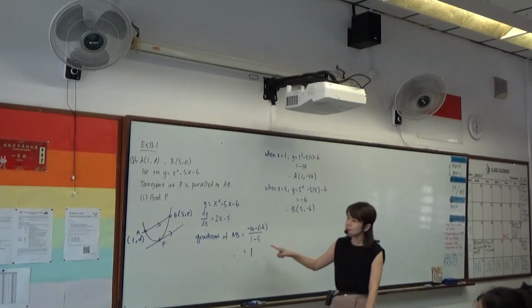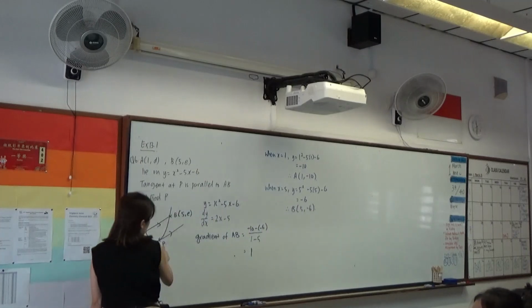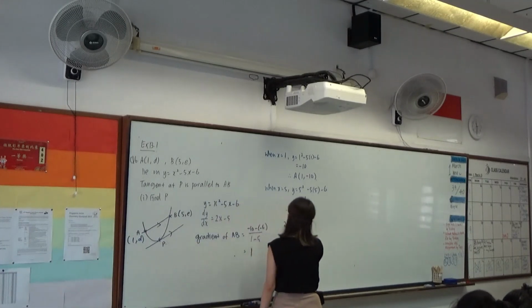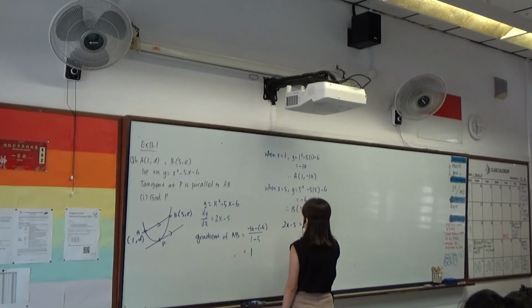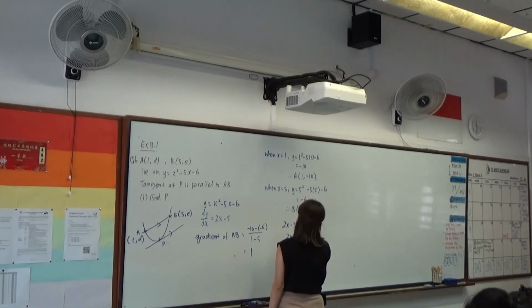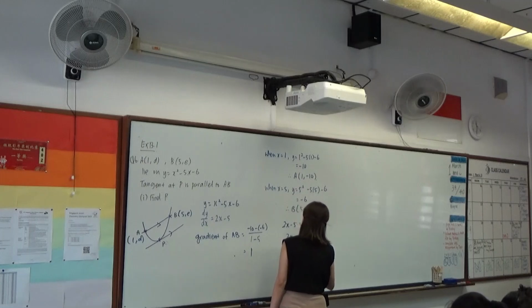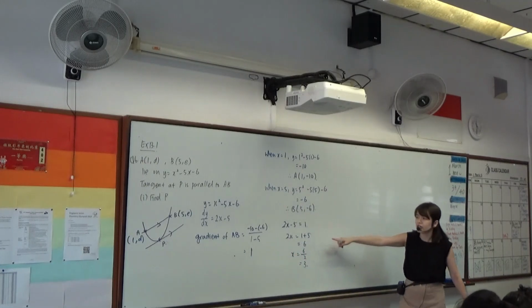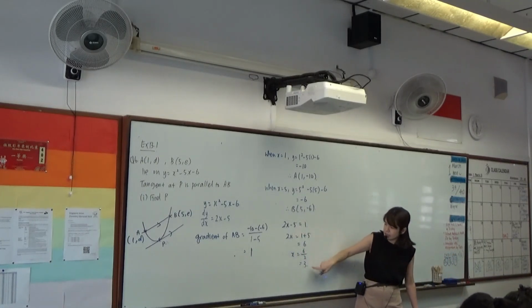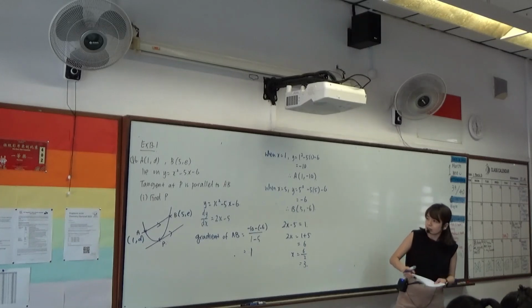So because AB and our tangent are parallel, that means that our 2x minus 5 is equal to 1. We can solve the equation by equating the two gradients, and we get x equals 3.